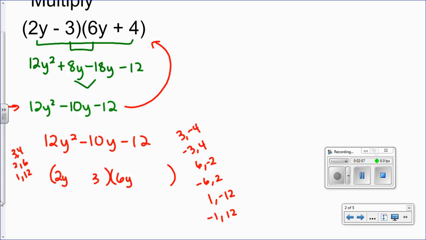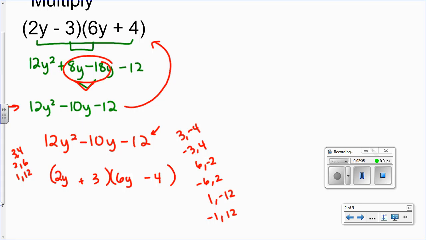So 3 plus, 3 minus 4. Check your outer and inner. You already know 3 times negative 4 equals negative 12, so you're fine with your product. But we want to get negative 10 as the middle term. Remember where our middle term comes from: our outer and inner.